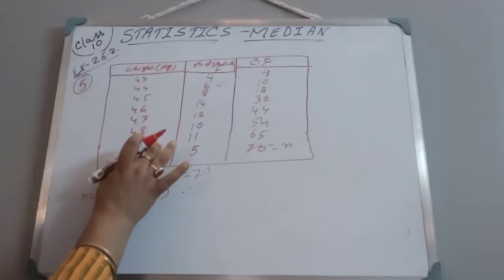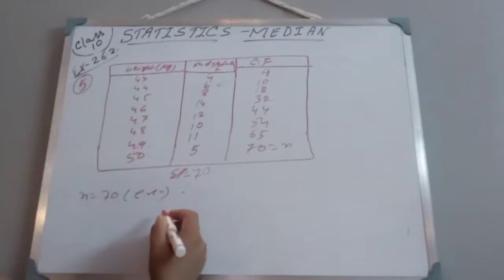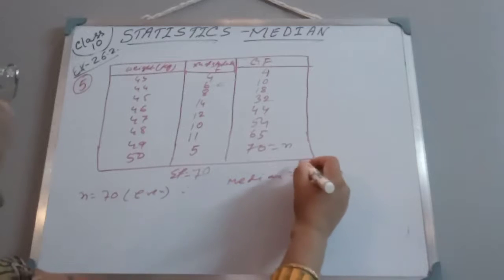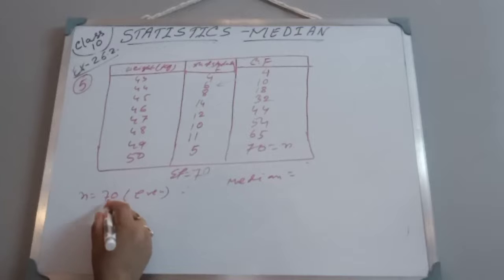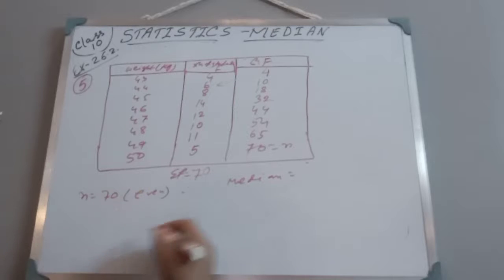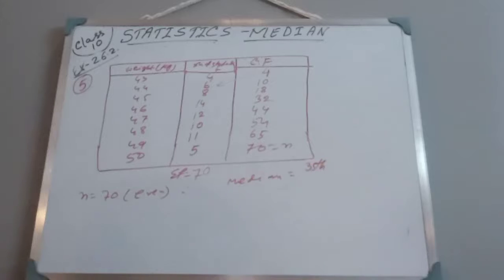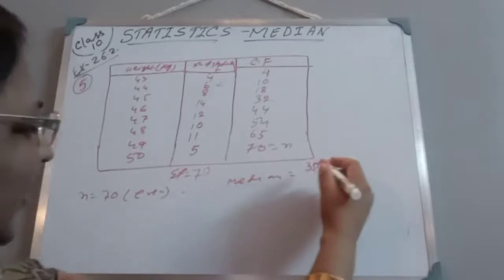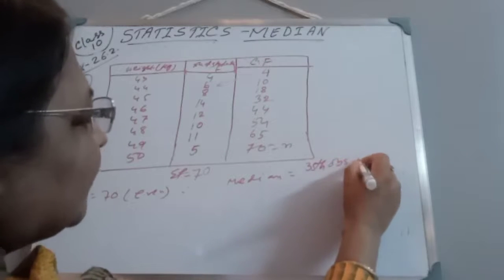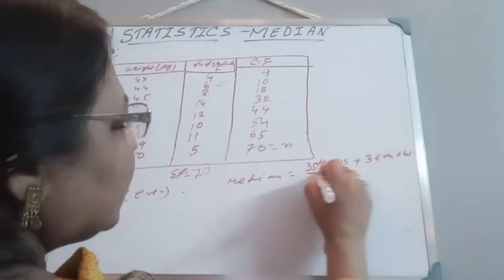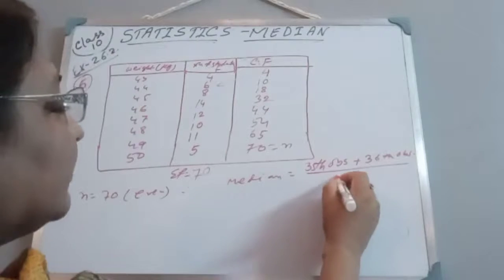The median will be the n by 2th observation, that means 70 by 2th observation is 35th, plus the 36th observation, divided by 2.